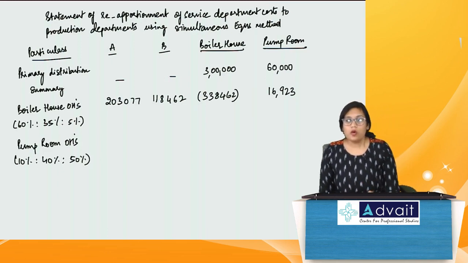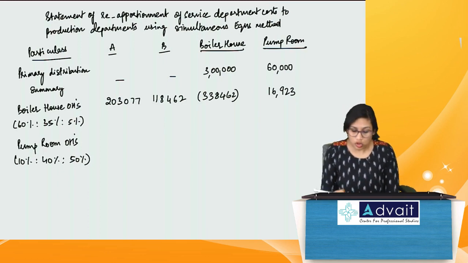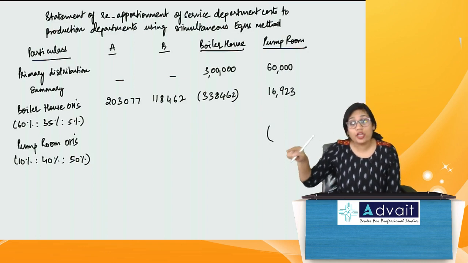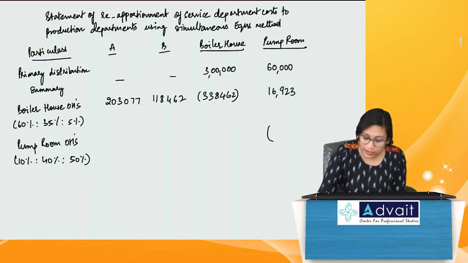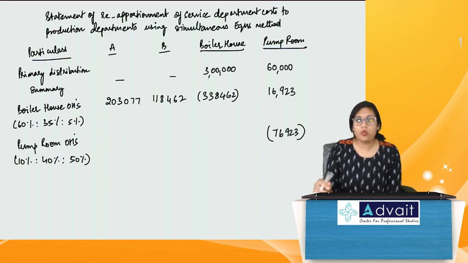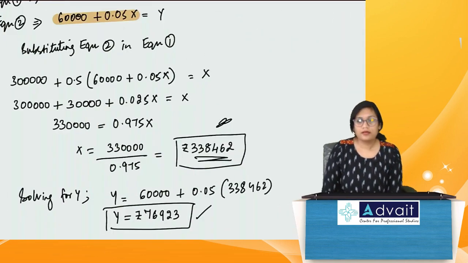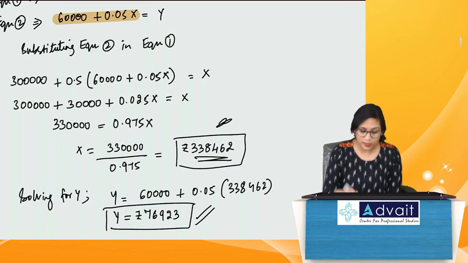Guys, now pump room has already received its share from boiler house, no? So this total should match the value of Y that you have got. Is it matching? 76,923. Is it what we have got as the value of Y? Yes. See, magic. It's not magic, it is mathematics.